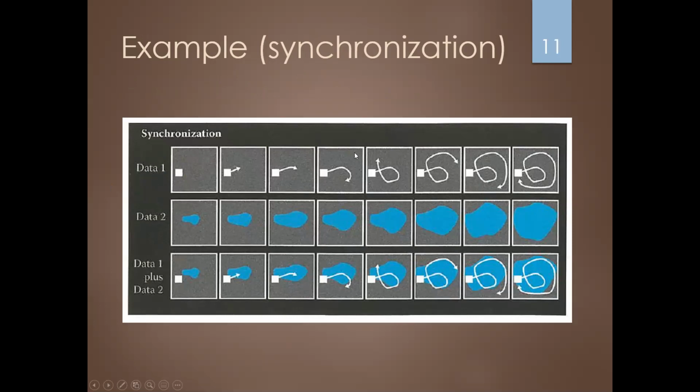Data set 1 is for the change of a linear feature. Data set 2 is for the change of a polygon feature. Of course, you can use 2 animations to show the change of this linear feature and the polygon feature separately. But you can also use something called synchronized animation or simply synchronization to show both of them in one animation.